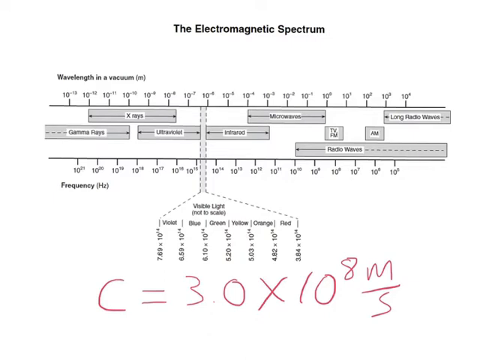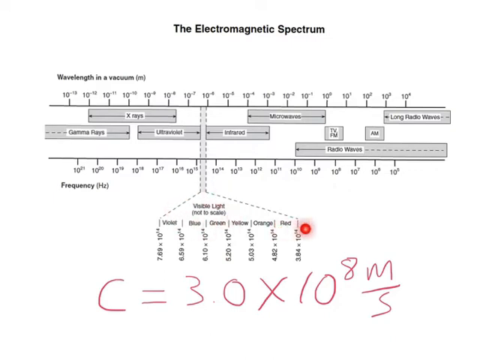So down here at very low frequencies and very long wavelengths, you have radio waves. A little higher frequency, you have microwaves. It's a little higher frequency. Higher frequency than that, you have infrared, which you and I would call heat. Higher frequency and shorter wavelength than even infrared is visible light.